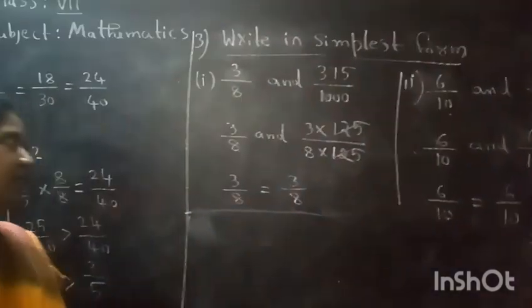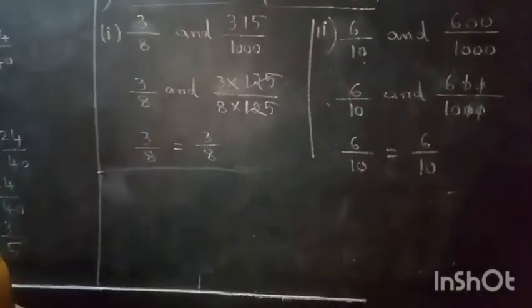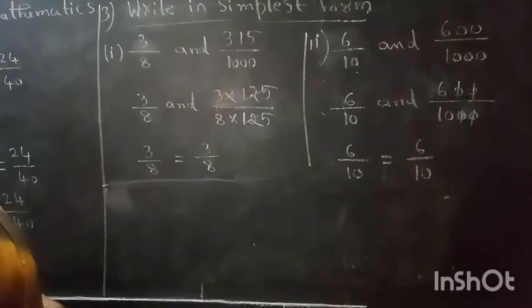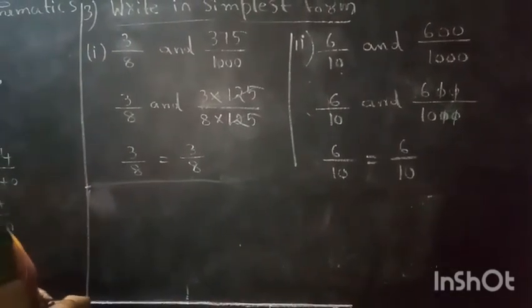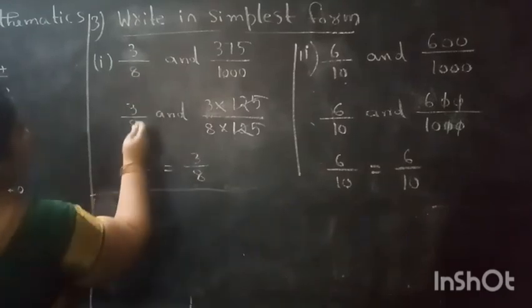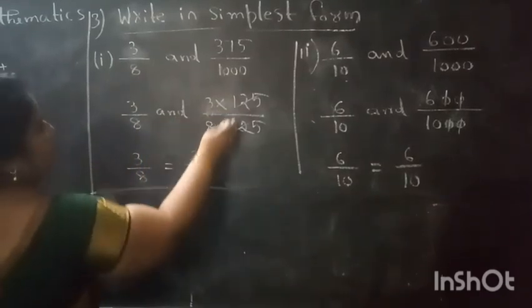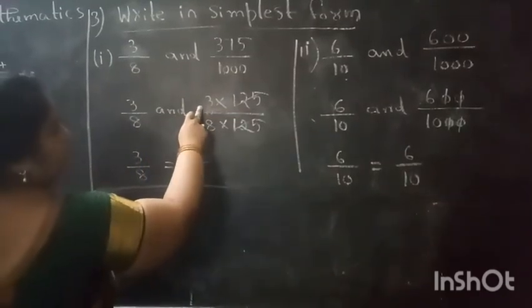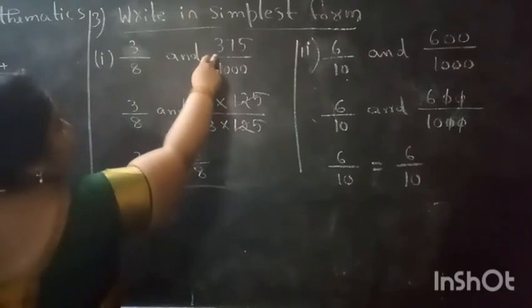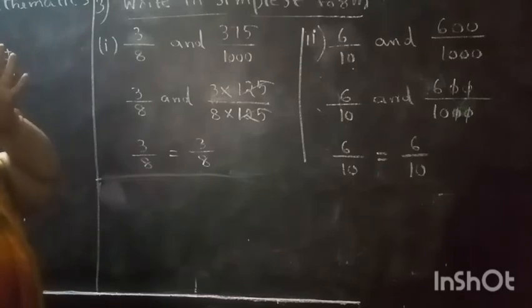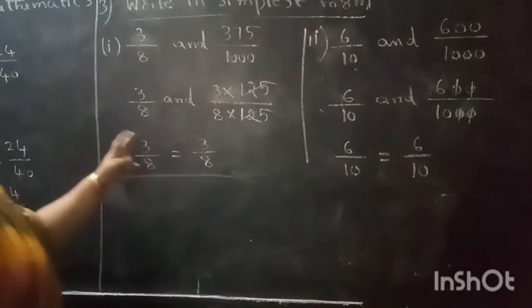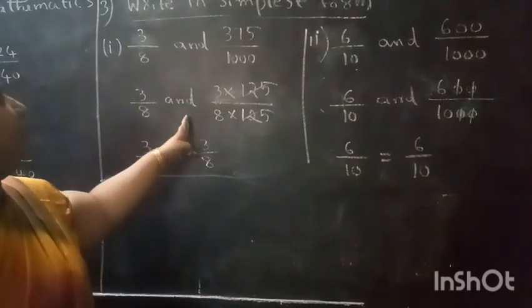Write in simplest form. Here two fractions are given. In the second fraction, simplify with the first fraction. 3 by 8 and 375 by 1000. First you write down the 3 by 8. For 375, simplify: 3 goes into 375.